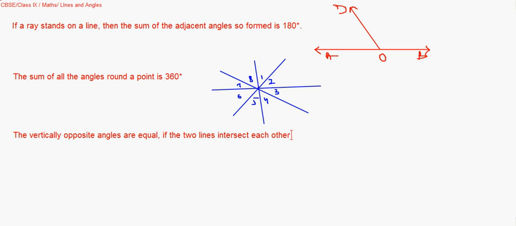That means if these are two lines intersecting each other, this angle will be equal to this, and using another color, this will be opposite to this, and they will be equal.